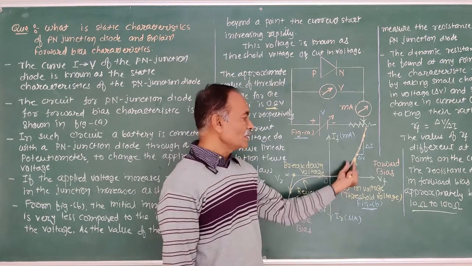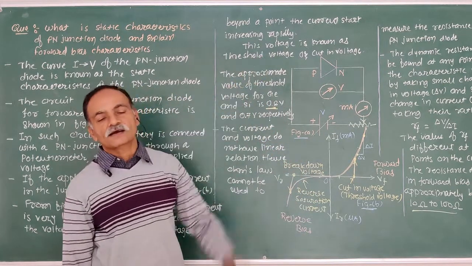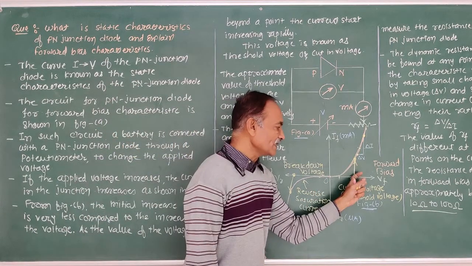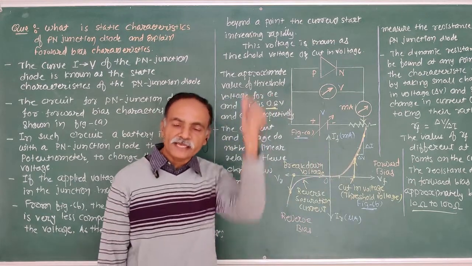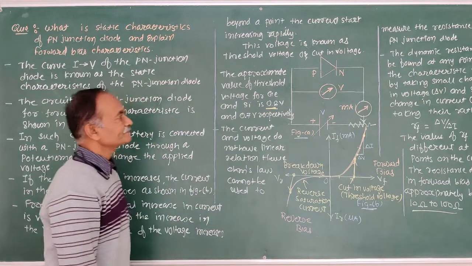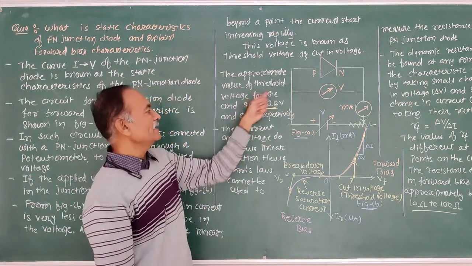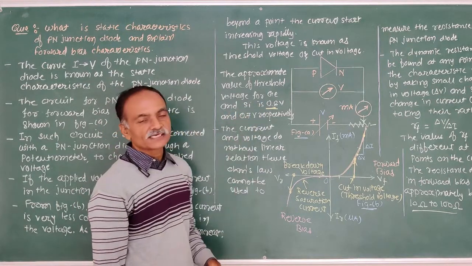The voltage corresponding to this point is known as the threshold voltage or the cut-in voltage. That means after the voltage increases beyond the cut-in voltage, a rapid increase takes place in the current. Right? The approximate value of the threshold voltage for germanium and silicon is 0.2 volt and 0.7 volt respectively.